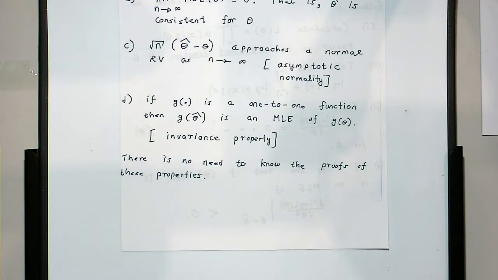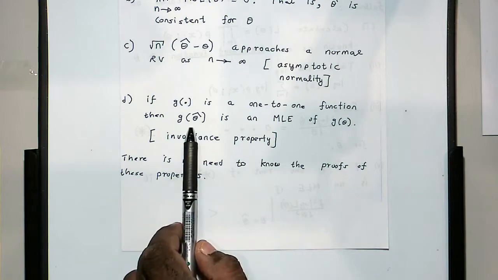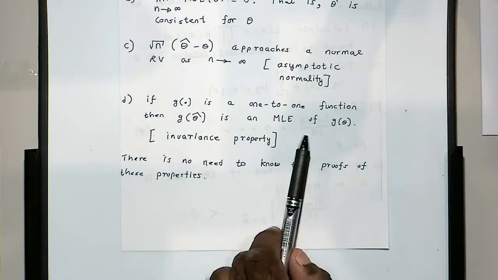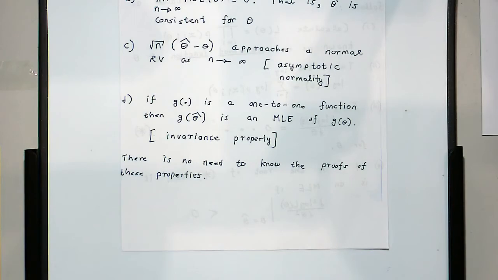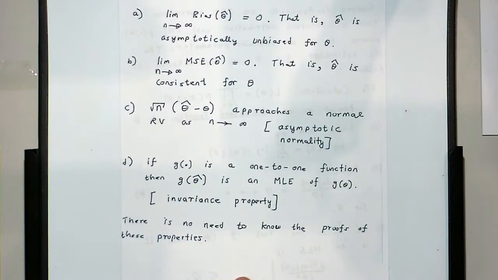So if g is a 1-to-1 function, then g of theta hat is the MLE for g of theta, right? And this is known as the invariance property. All right, so these are the 4 properties I would like you to know. There's no need for you to know the proofs of these properties, only be able to apply them for problems. I will do some problems in a minute.